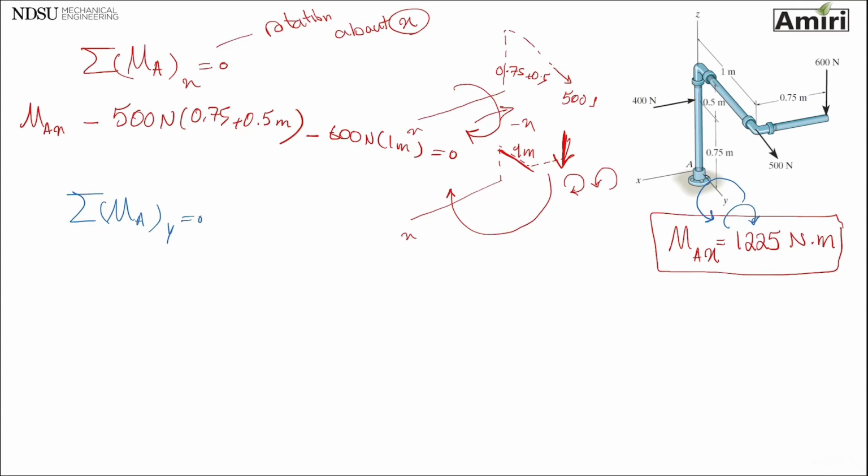I already see that 400 newtons, and I already see that 600 newtons trying to rotate this whole rod around Y axis. So I have the 400 at a distance, which I'm going to find and talk about, and then 600 at a distance, which I'm going to talk about.